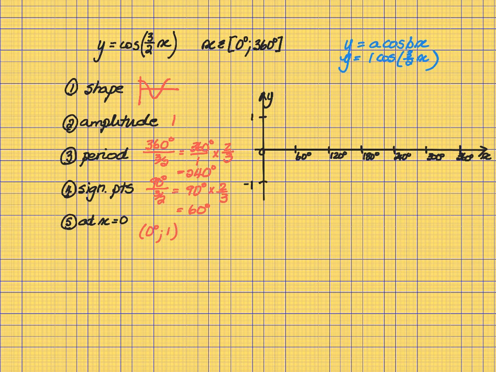And then it's time to plot the points. At 0 degrees, the y value is 1. Then 60 degrees further on, we are following the shape. We go to a root. 60 degrees further on, we go down to a turning point, a root, a turning point, a root, a turning point.